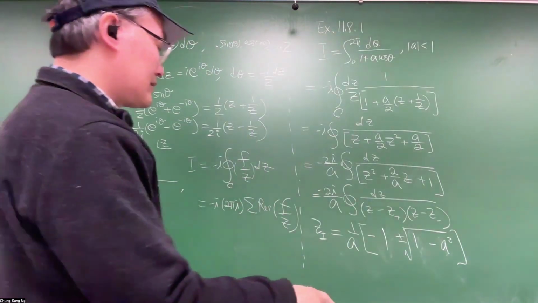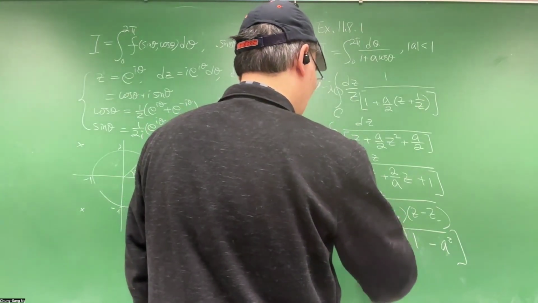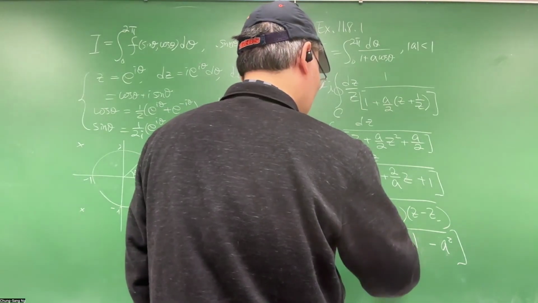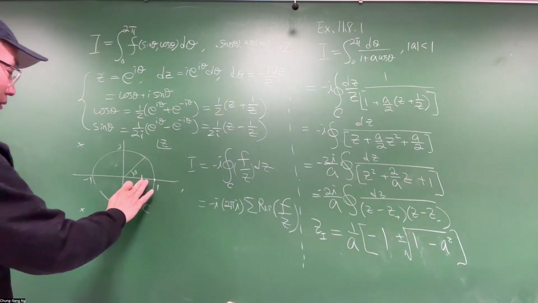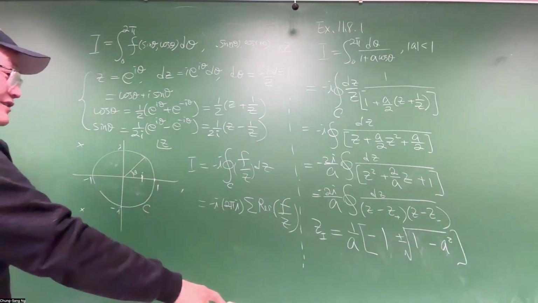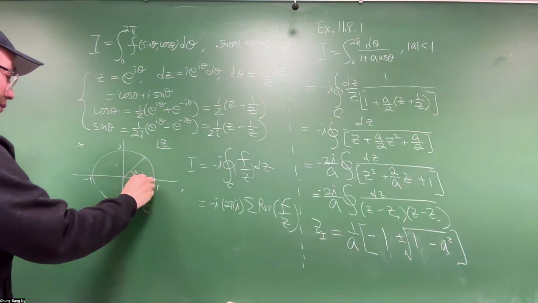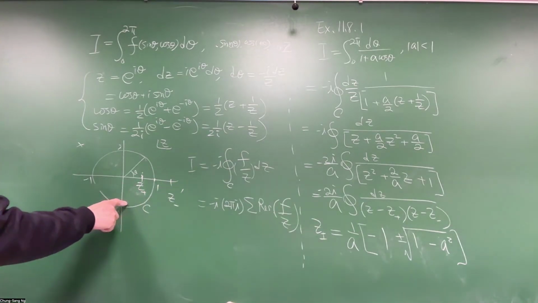C plus is somewhere, assuming they are real, that will be on the real axis somewhere. So C plus. Actually, it depends on a. Well, doesn't matter. It depends on the sign of a. If a is negative, then you plus C minus. So you only have one residue.